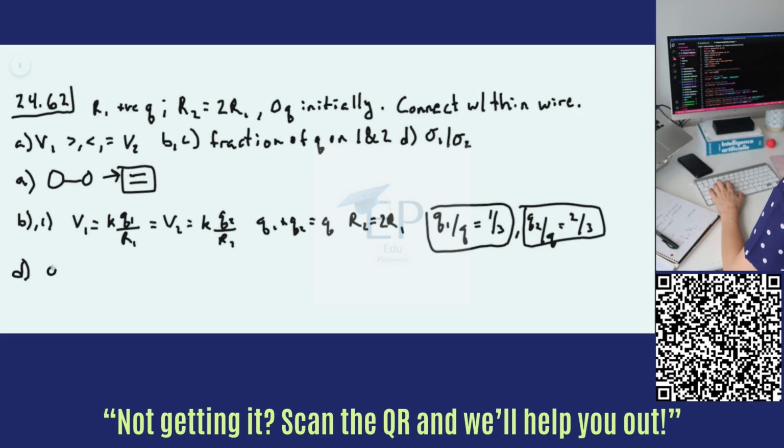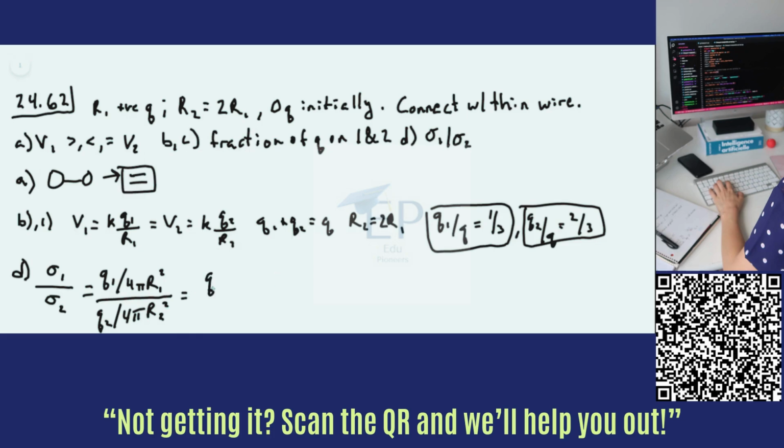Now D, the surface charge density is, of course, just the charge divided by the surface area. So 4 pi r1 squared divided by 4 pi r2 squared.